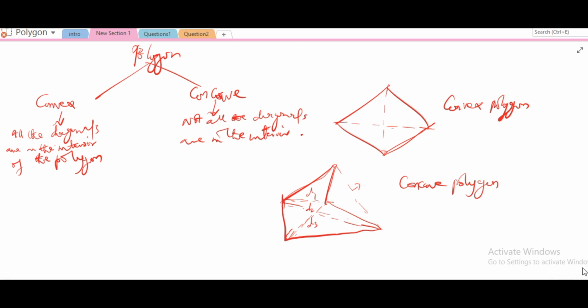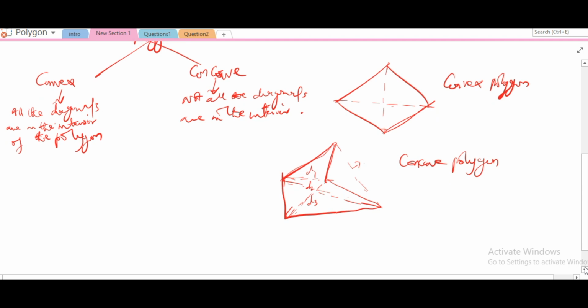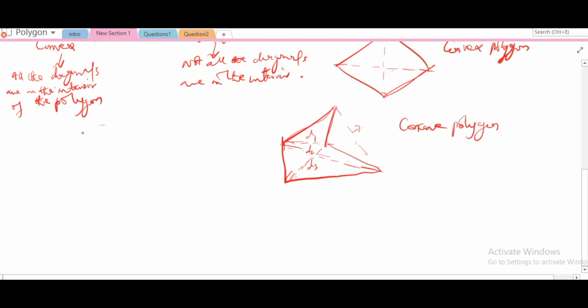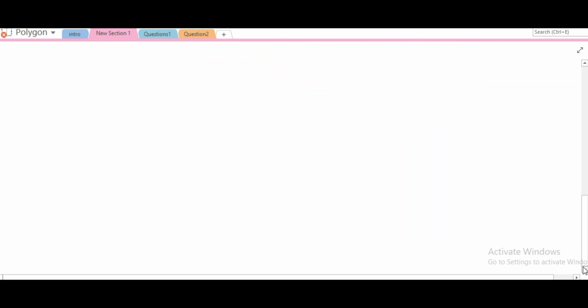So the next thing is to give a table of some important polygons.